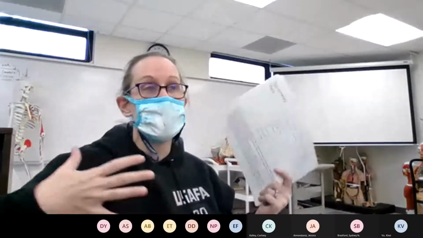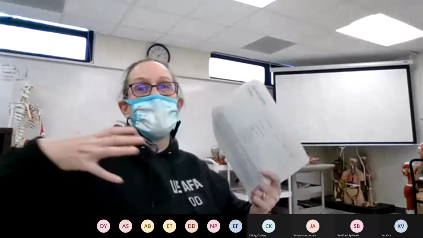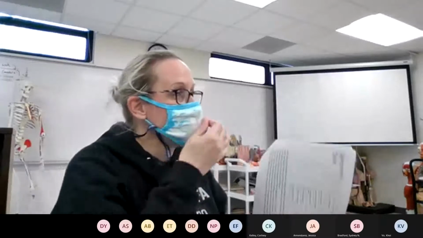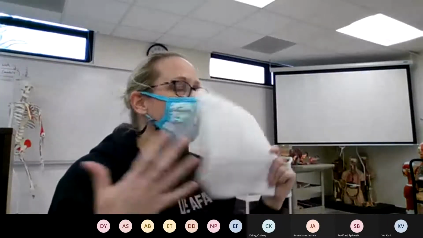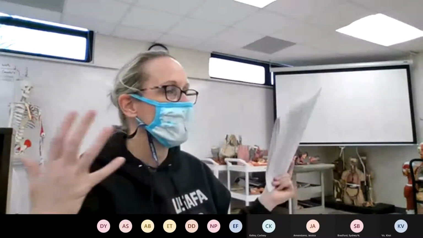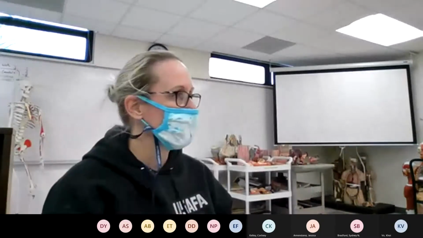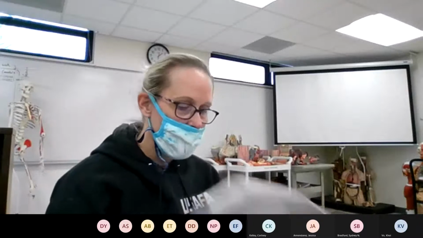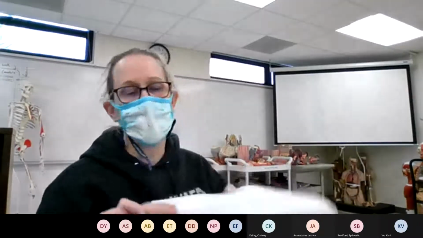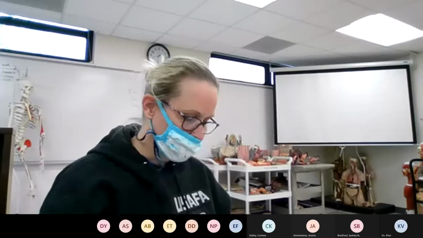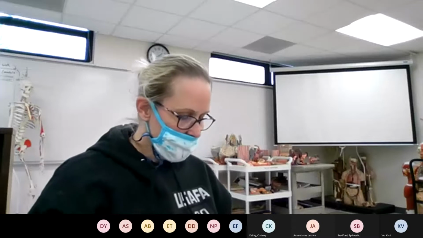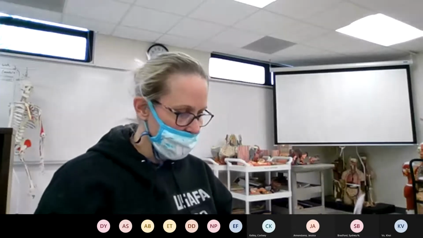If you've had open heart surgery, if you're wearing a corset, if you wear very restrictive clothes and you try to take this test, all of that would potentially make your values less than the average for your age, your gender, your system. But for the most part, the book provides some general female, some general male rules for healthy young people, and most of you should fall into that.